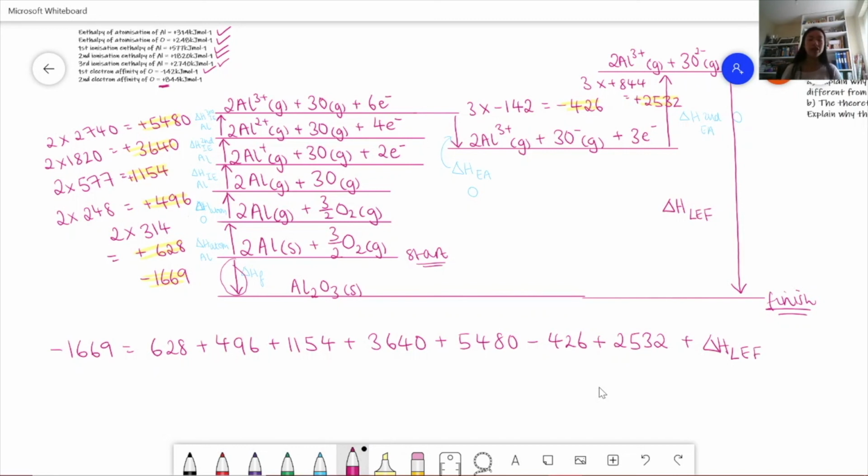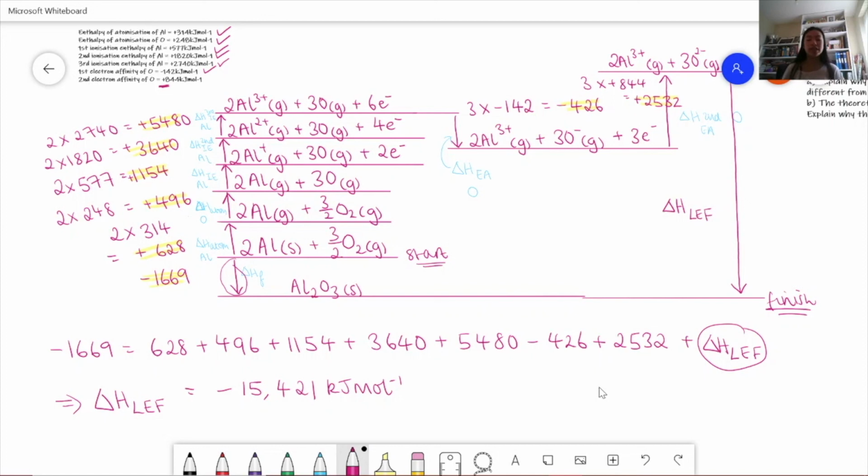Rearranging that, you can then find this delta H of lattice enthalpy of formation. So we get the enthalpy change for the lattice formation is equal to minus 15,421 kilojoules per mole.